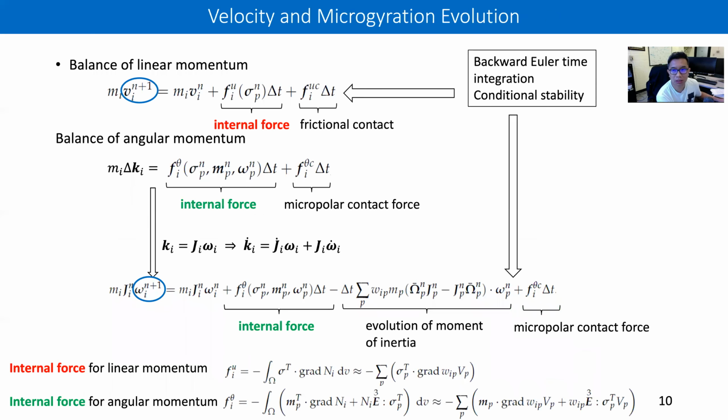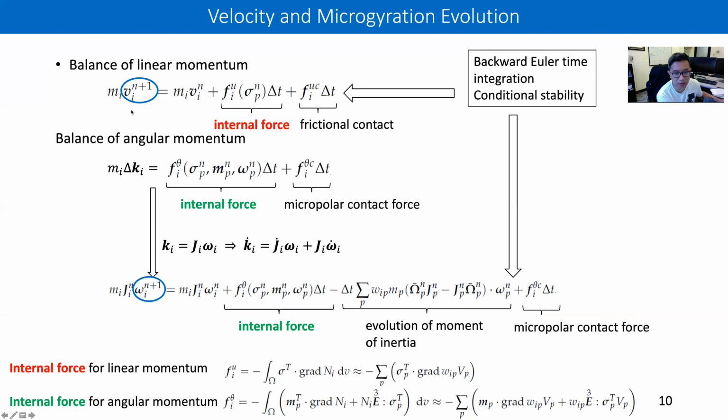The procedure is done using a backward Euler time integrator with a conditional stability. We solve a contact problem, and as a result, there is an additional contact force, both coming from the tractions and from the micropolar contact force, for the balance of linear momentum and balance of angular momentum.